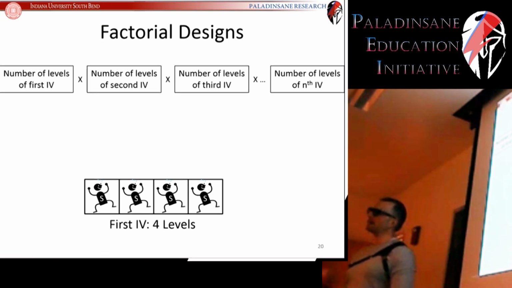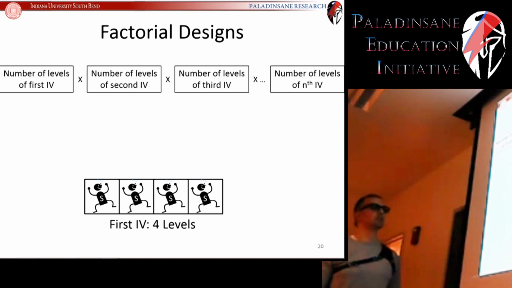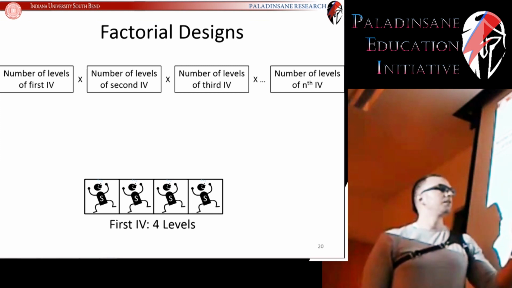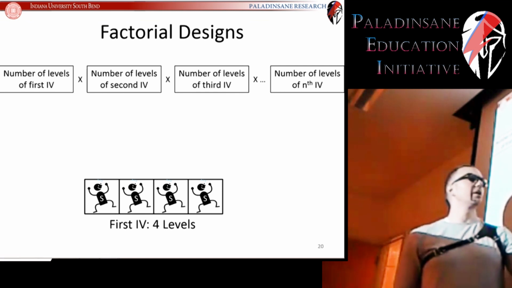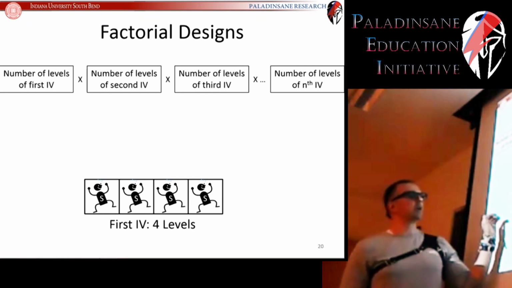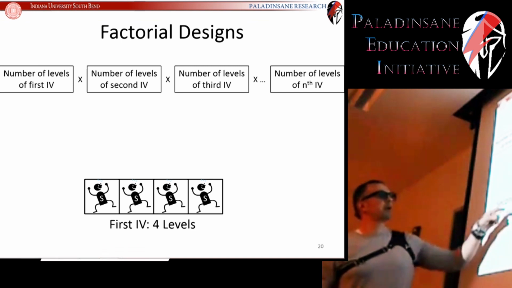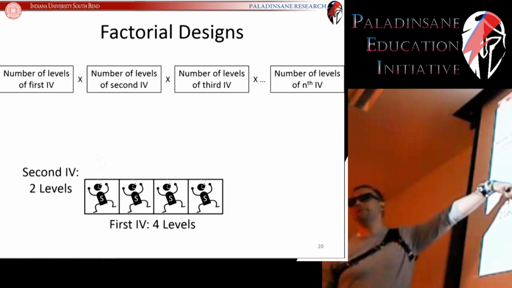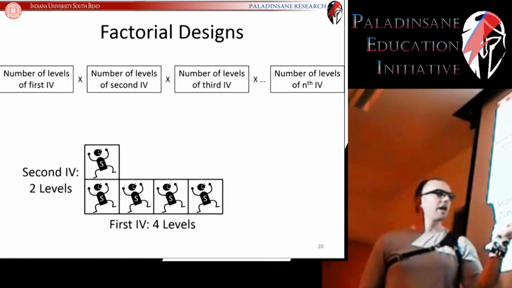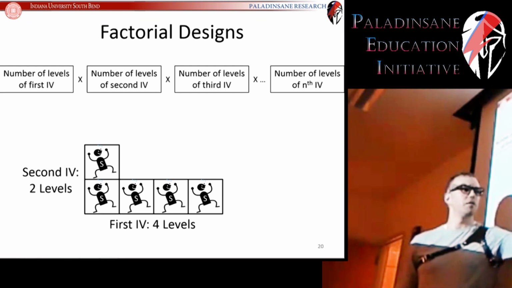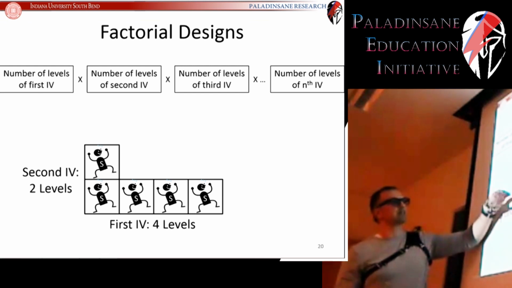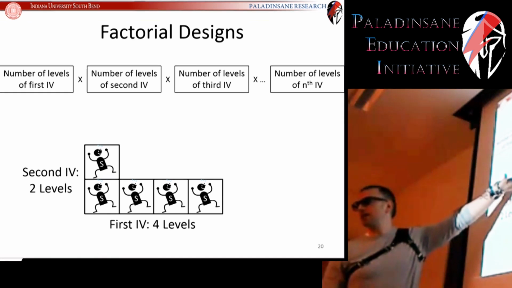As soon as you add a second variable, as soon as you say, all right, I'm studying memory of young children, young adults, older adults, and not only do I want to study memory for words, but I also want to study memory for pictures as well, you need to take every single one of your original conditions and multiply it by the second level of your second independent variable.